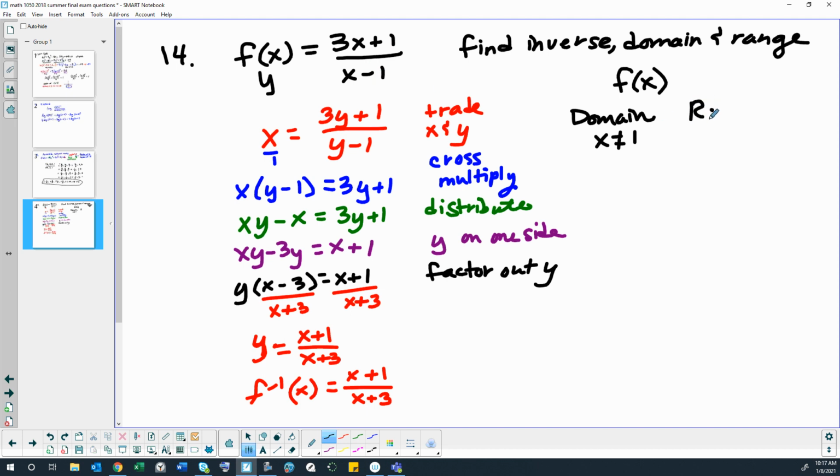The range can be found from this answer down here, but let's also just practice doing our horizontal asymptote. The range would be, we have a horizontal asymptote at 3 over 1 because the degrees are the same. So the range would be that y cannot equal 3. That agrees with this because in our inverse, x is not going to be able to equal 3 because of the x plus 3. Actually, it'll be a negative 3, won't it?